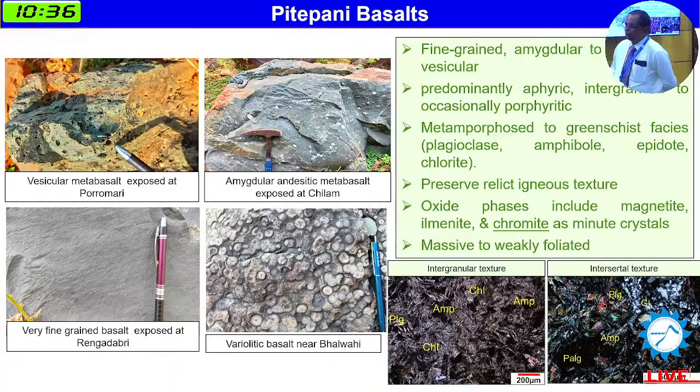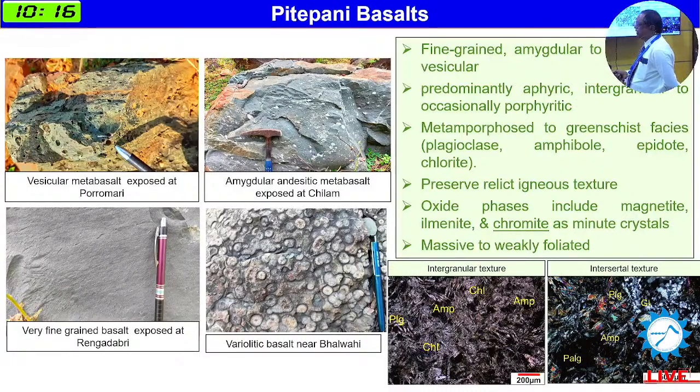Now coming to the Pitapani basalts, these are basically mafic volcanics, metamorphosed weakly to greenschist facies. They are largely massive, but in some parts a secondary planar fabric is developed.